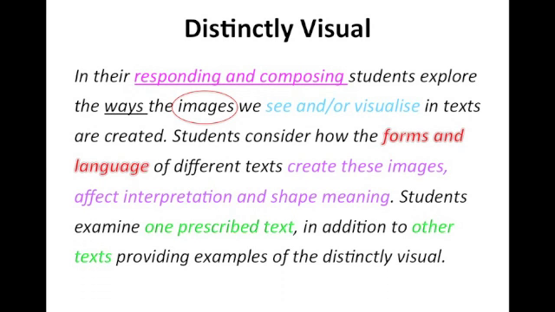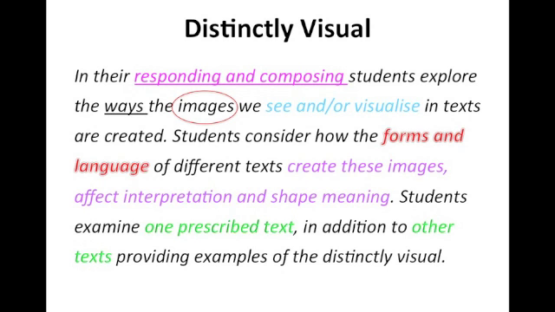So images that are created by imagery in texts, and looking back on some of the other modules and texts we've looked at this year, you should be able to think about some imagery we've already looked at and how that creates a visual in our mind. So we're looking at the ways those images are created in texts.